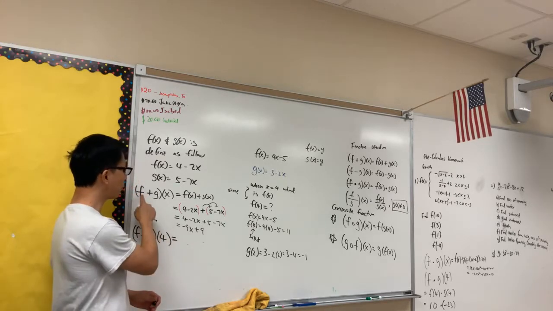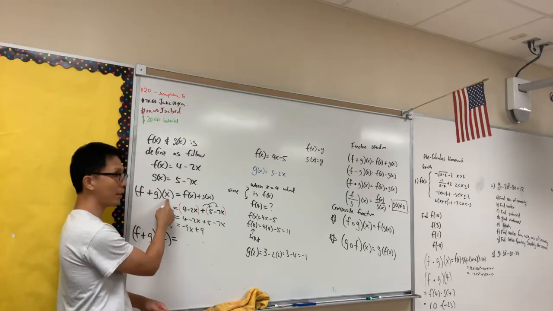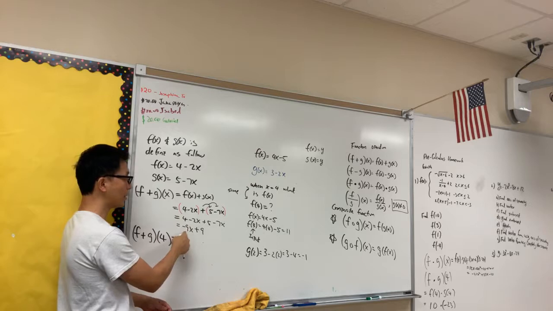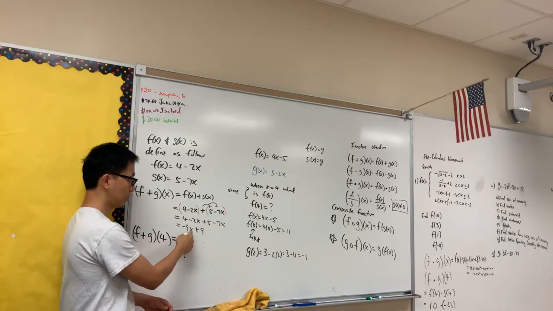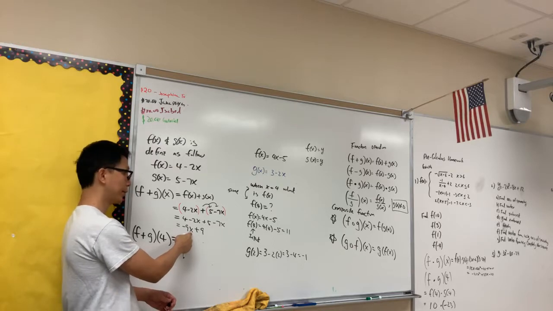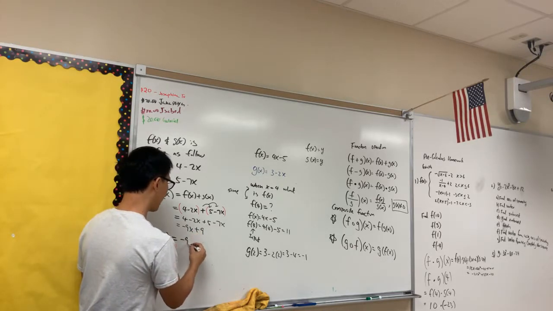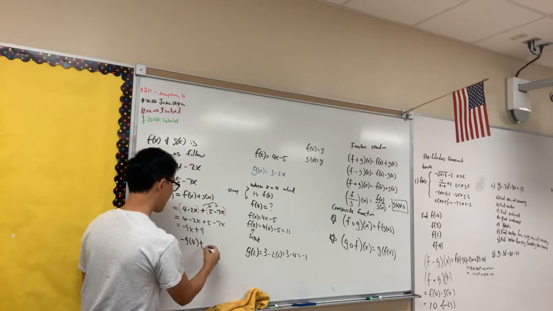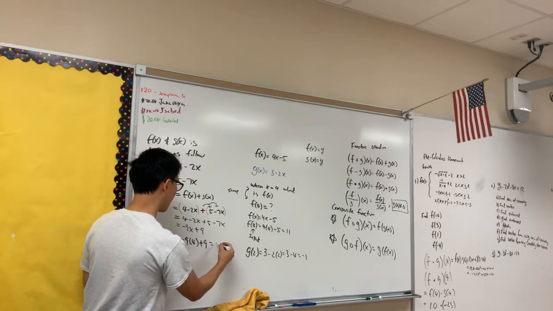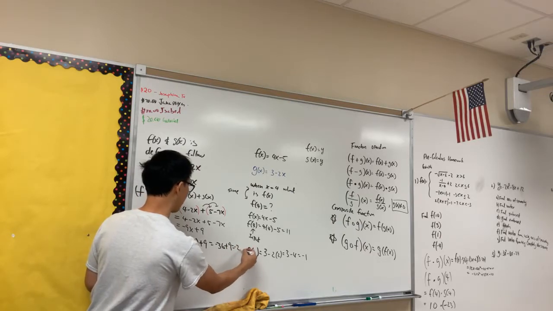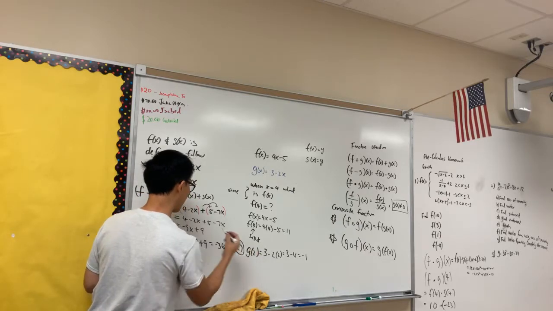One is we already have f plus g of x, right? We just replace that x with a 4, so that answer is equal to negative 9 times 4 plus 9, which is negative 36 plus 9. That's equal to negative 27. So my answer is negative 27.